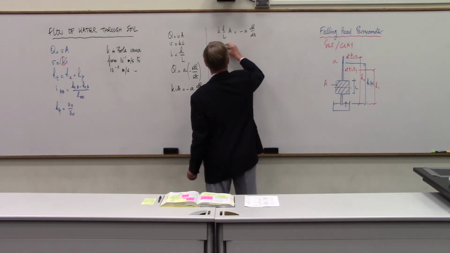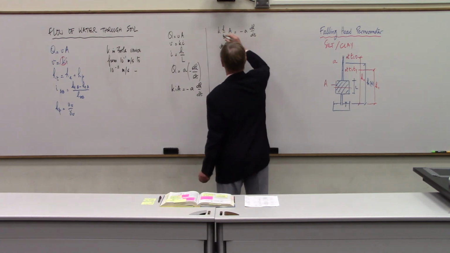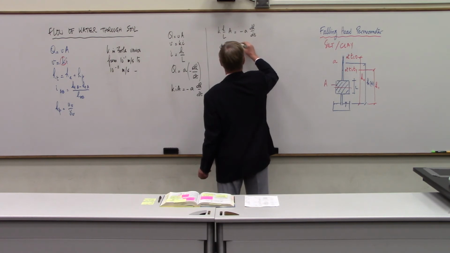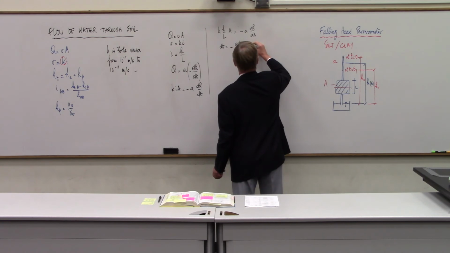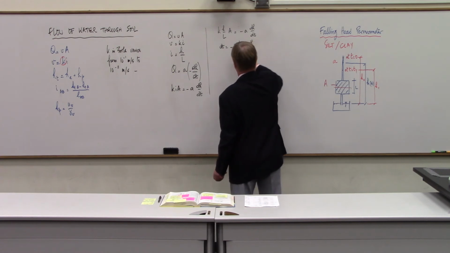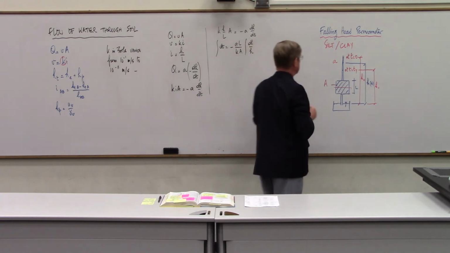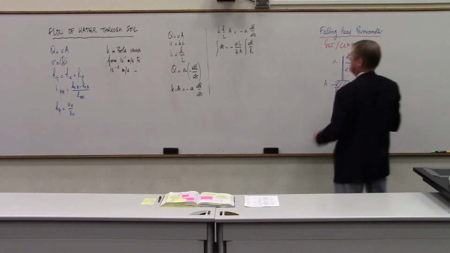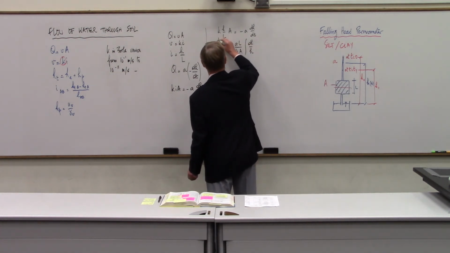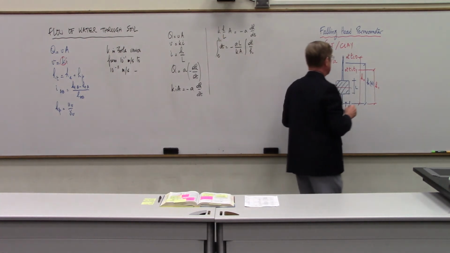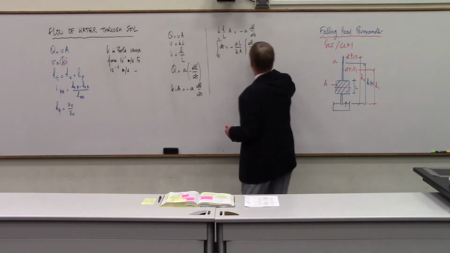So dt equal, dt goes here. So I've got minus A L over K capital A. And then what's left is dH over H. And so I've got to integrate this, and the integral of dt will be from 0 to t1, and the integral for h will be from h0 to h1.